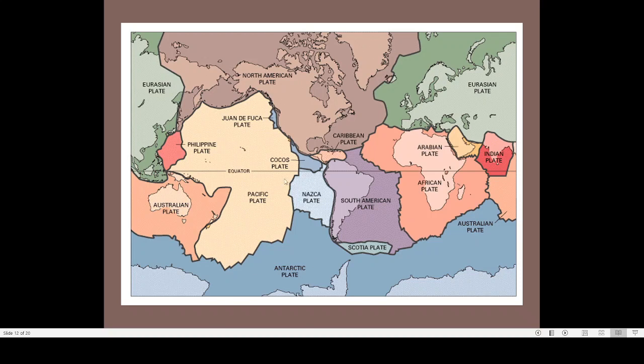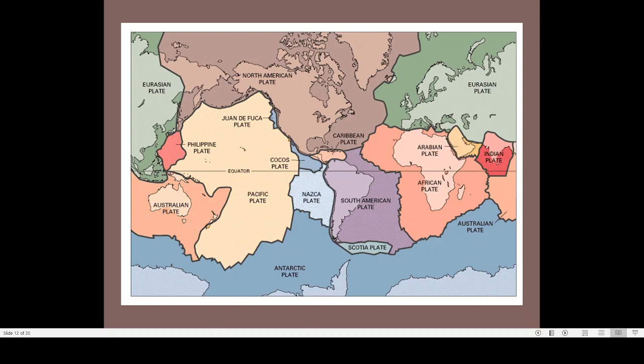When this movement of plates takes place, there will be shaking of the earth, and that shaking is what we call earthquakes. So earthquakes are actually a result of the movement of the plates. For example, this is one plate and this is another plate. When they are moving like this, there will be earthquakes.